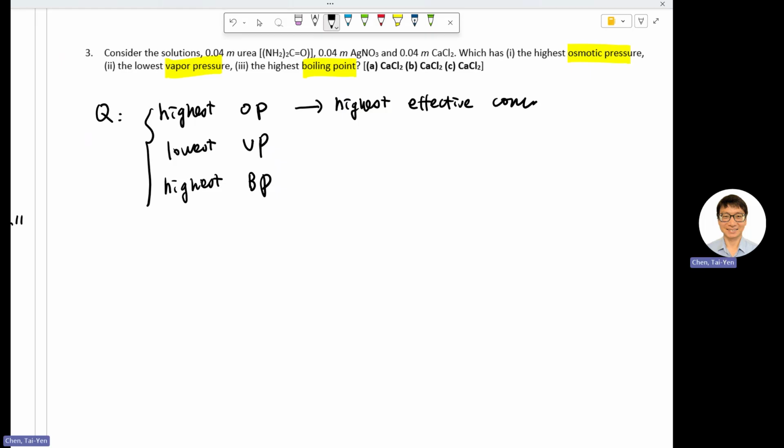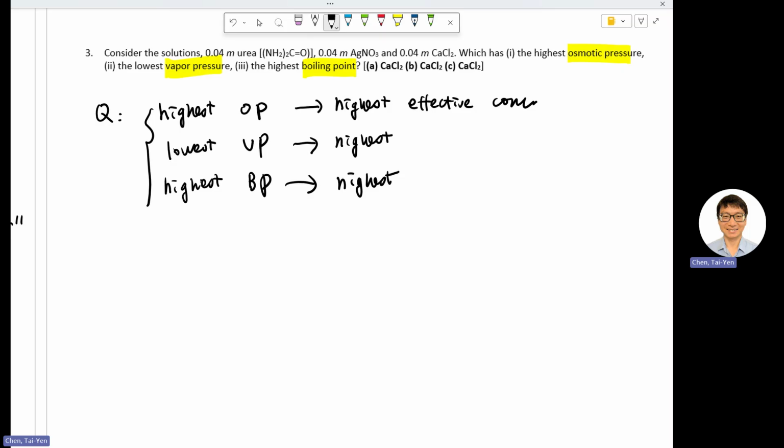Everybody get this? Lowest vapor pressure, also the highest effective concentration, right? Highest boiling point, apparently it's all highest, right? Everybody fine with this? It's a very simple analysis.